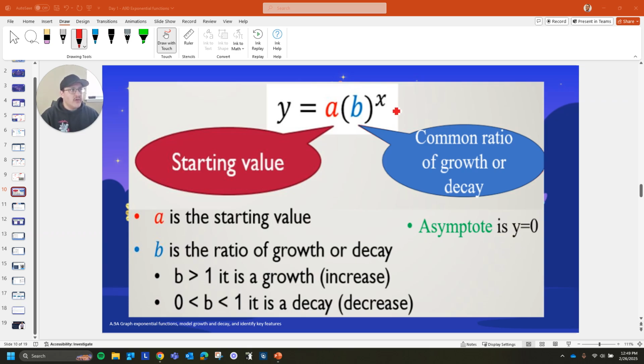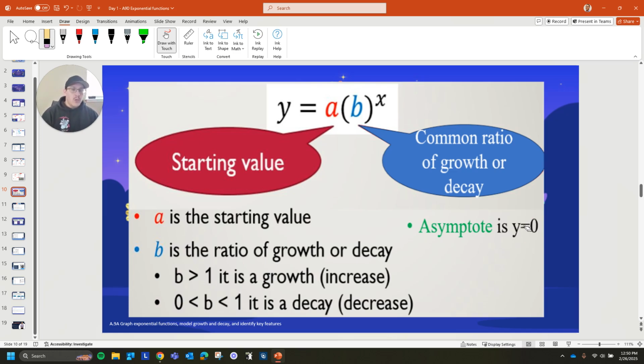That equation will change if you have something being added or subtracted at the end of everything. So for example, if we have +3 at the end, now the asymptote is y = 3. If we had -7 at the end instead, now that asymptote is y = -7. So unless otherwise noted, the asymptote is always going to be y = 0.